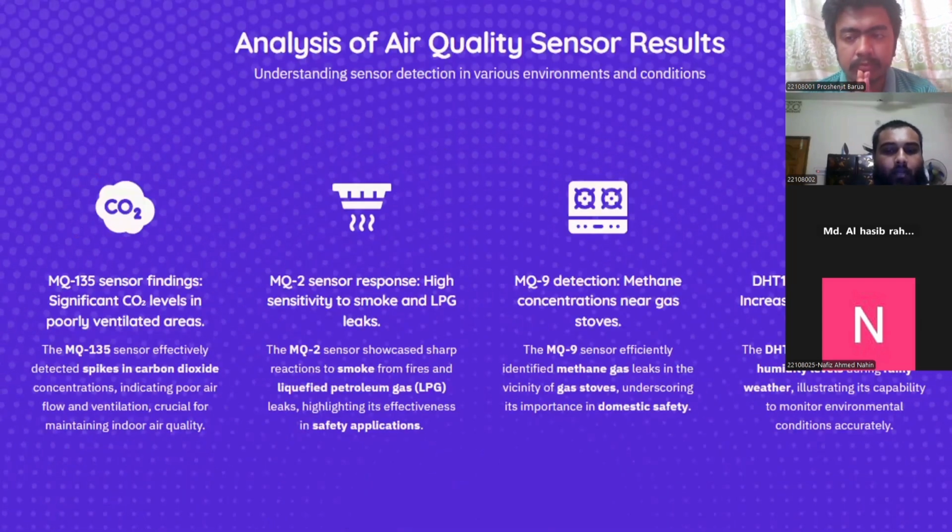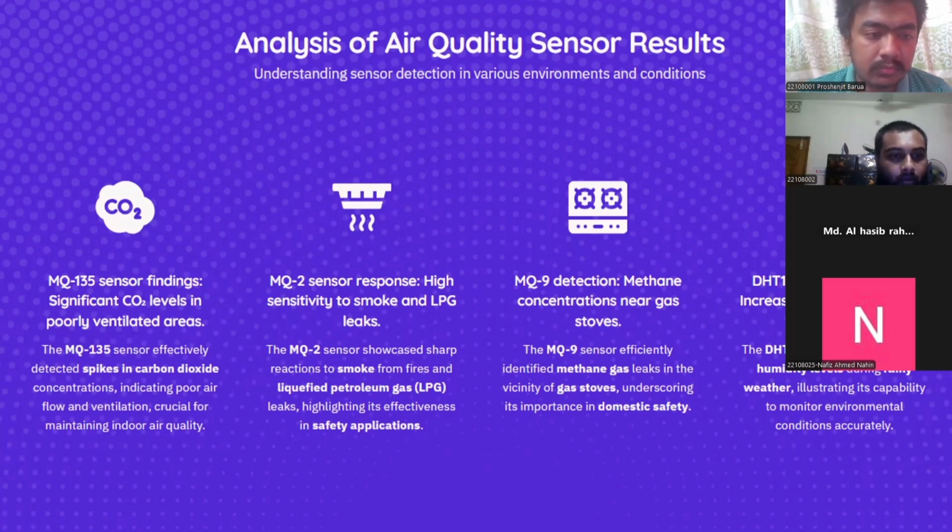Assalamu alaikum. My name is Jannatul Islam. My ID is 2210002. Analysis of air quality sensor results. The MQ135 sensor finds significant CO2 levels in poorly ventilated areas. The MQ135 sensor effectively detects spikes in carbon dioxide concentrations, indicating poor air flow and ventilation, crucial for maintaining indoor air quality.